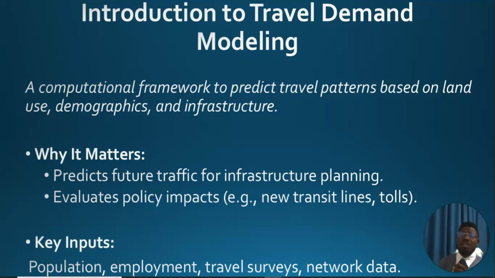And the question most people tend to ask is why do we need to actually study people's travel patterns and to be able to predict future travel patterns? All this is quite important because it helps to predict future traffic for infrastructure planning.